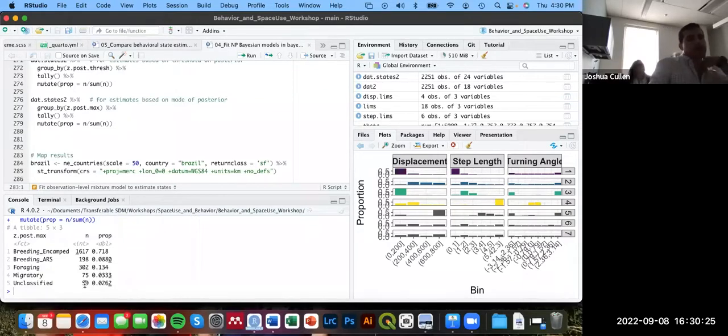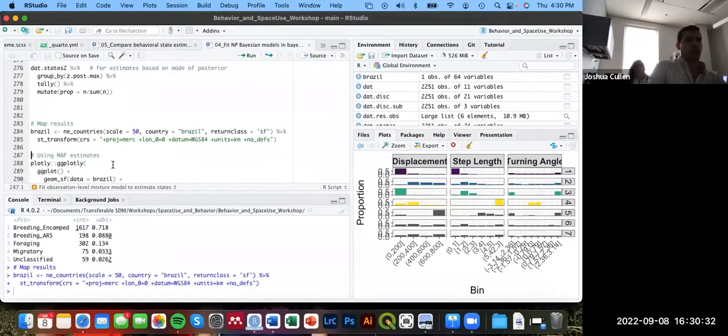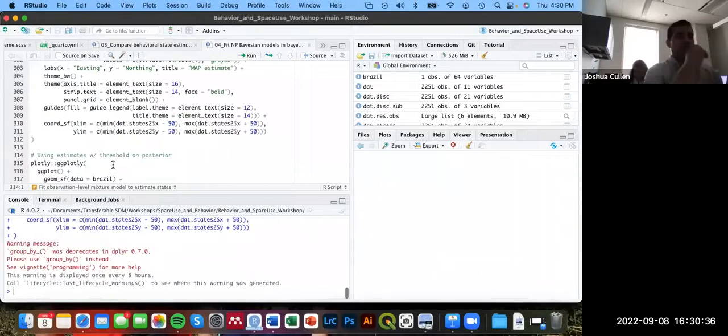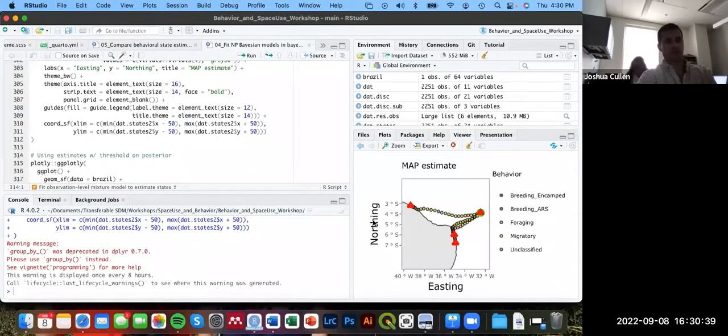And now let's map these. So I'm going to load in again that Brazil spatial vector layer from the rnaturalearth package, and then use ggplotly here to interactively plot this ggplot code. And I'm labeling these points based on the behavioral states.